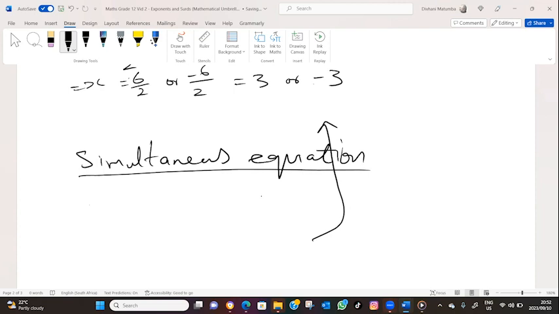But the theory behind simultaneous equations is that whenever you have different functions, there will be an intersecting point. So when you solve simultaneous equations, you are solving for those intersecting points.